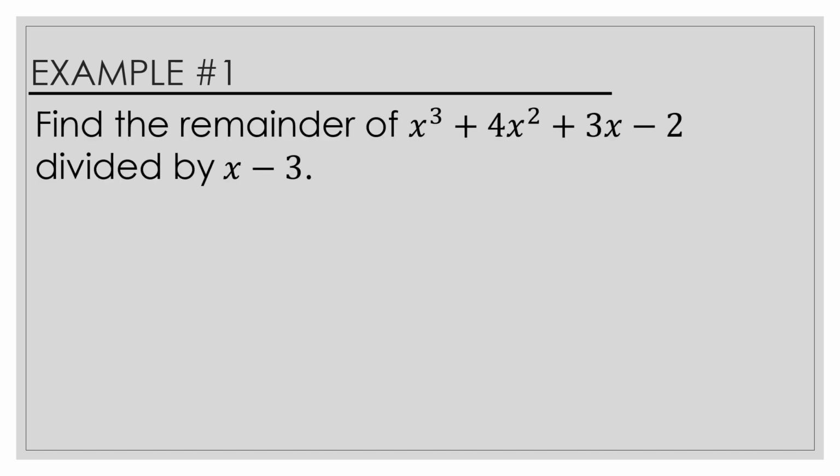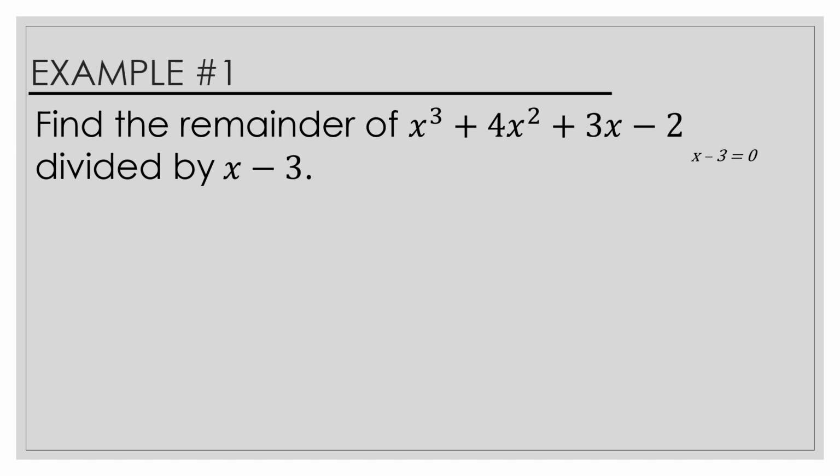Find the remainder of x cubed plus 4x squared plus 3x minus 2 divided by x minus 3. First, let's determine the value of x to be substituted in the polynomial by equating the divisor to 0.